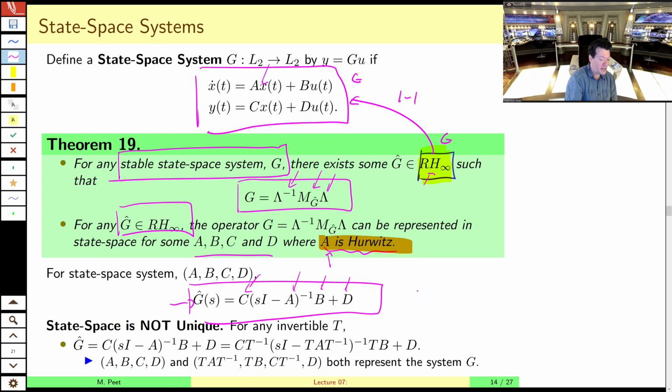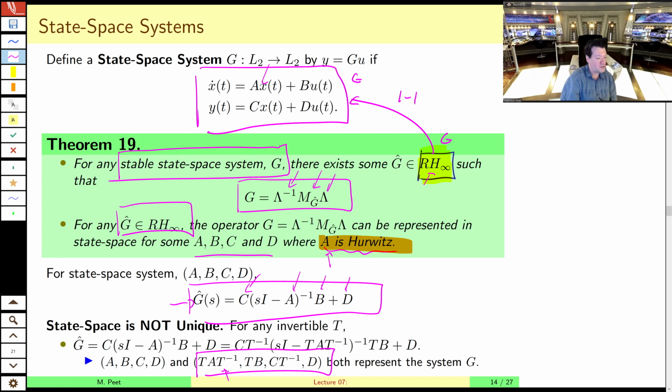Any state space system of this form, for any invertible matrix T, gives us the same transfer function. So they're one-to-one, but the map is not necessarily unique. So this map between transfer function and state space is a little bit dodgy.